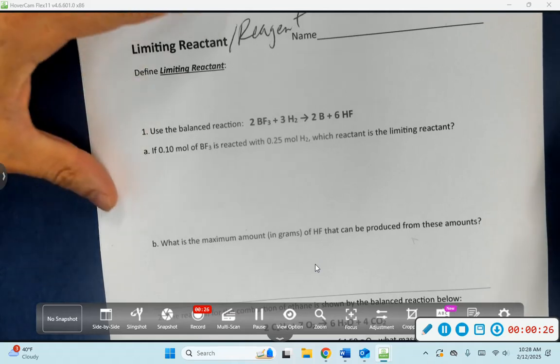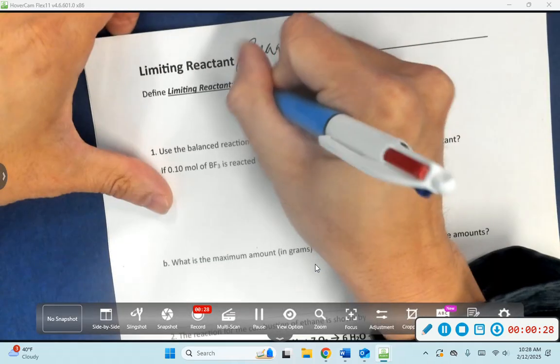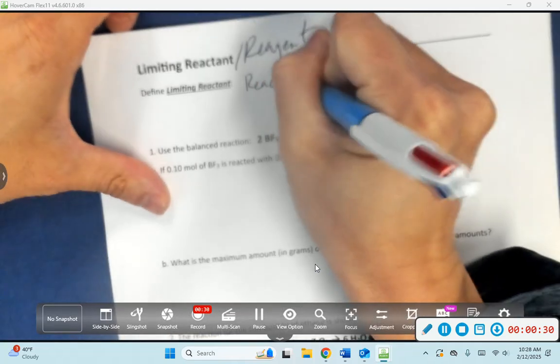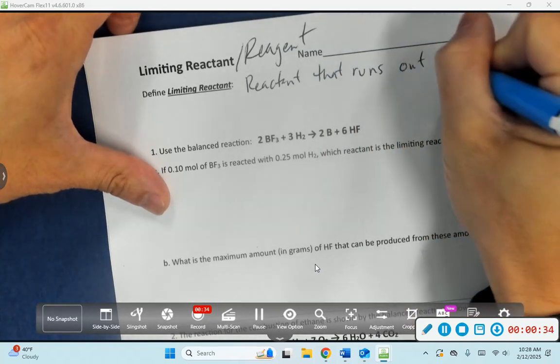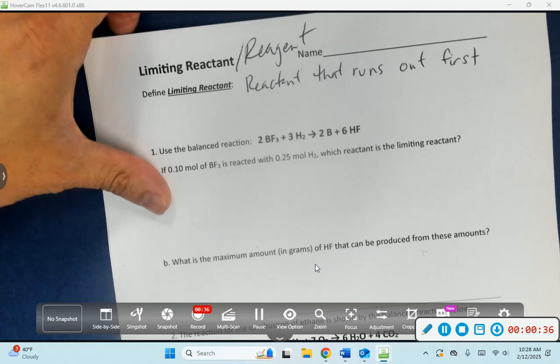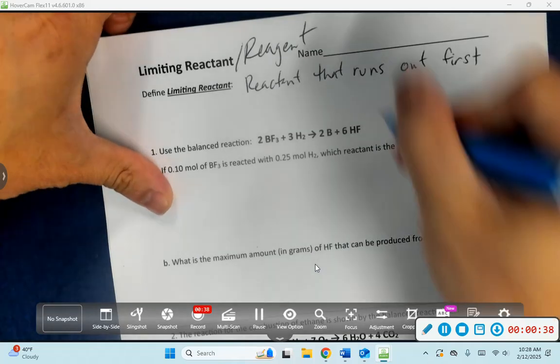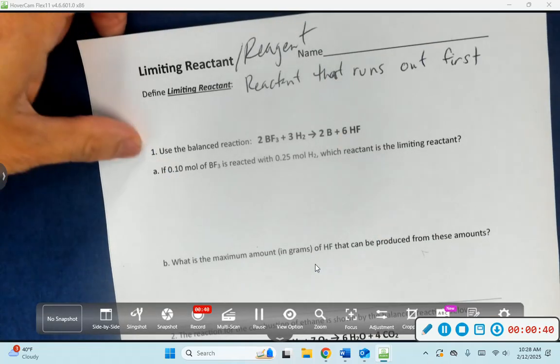Limiting reactant means the reactant that runs out first in a chemical reaction. What does that mean, it runs out first? What does it limit? Why is it limiting?